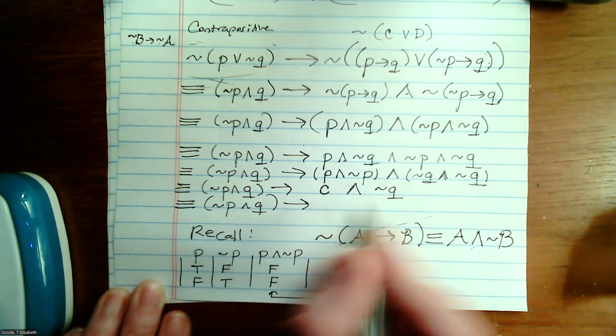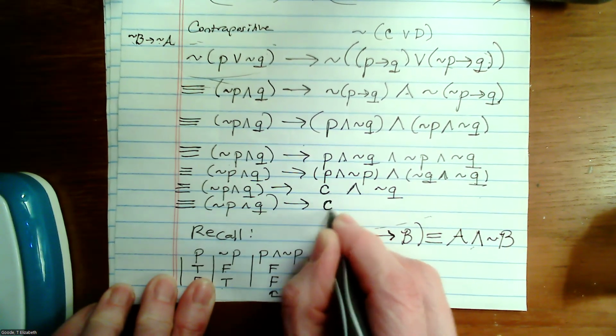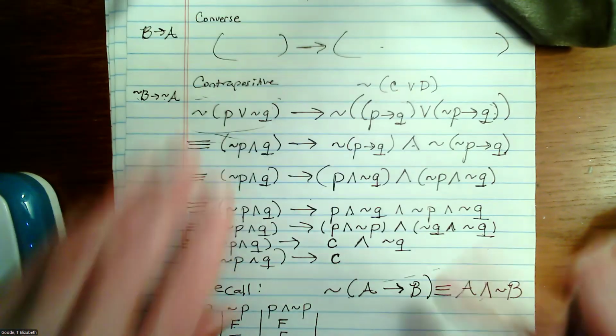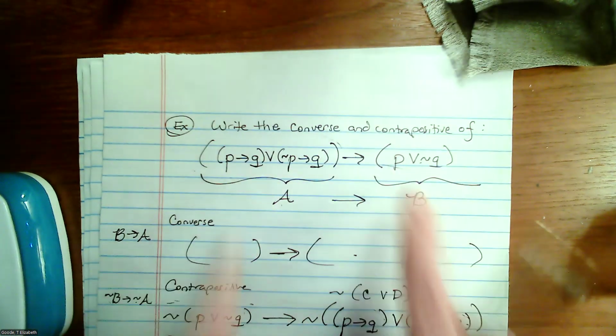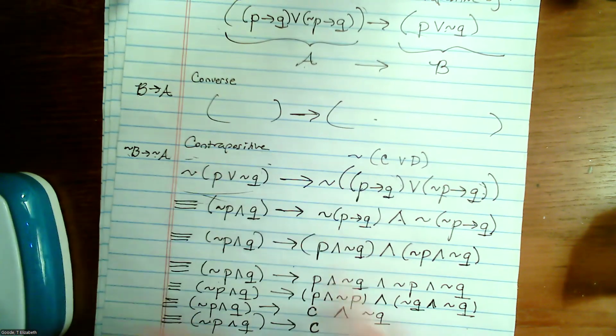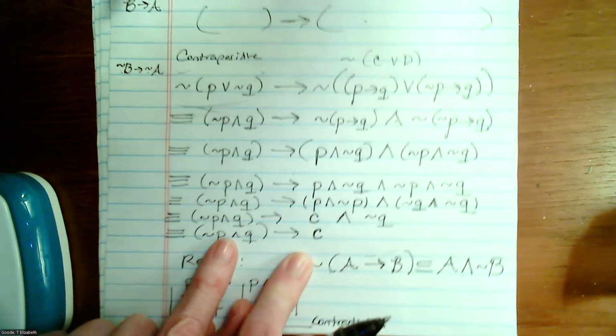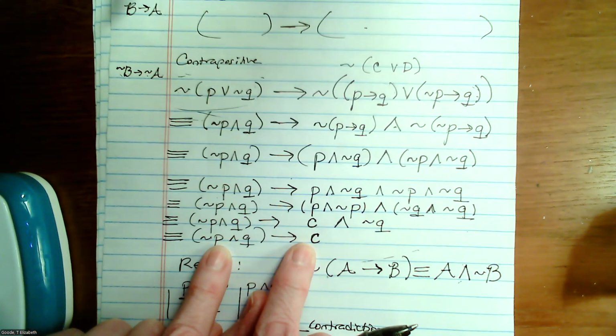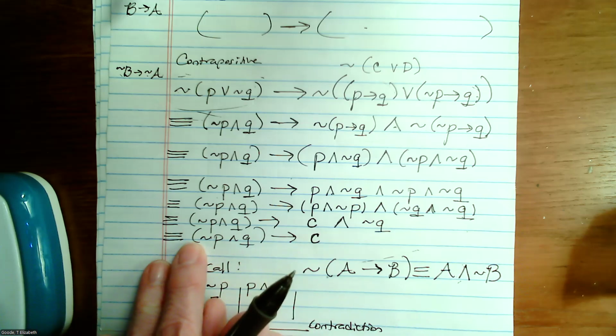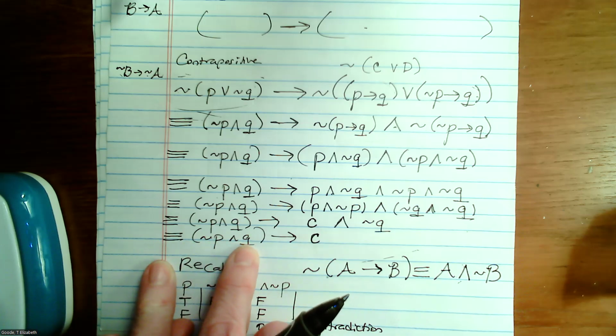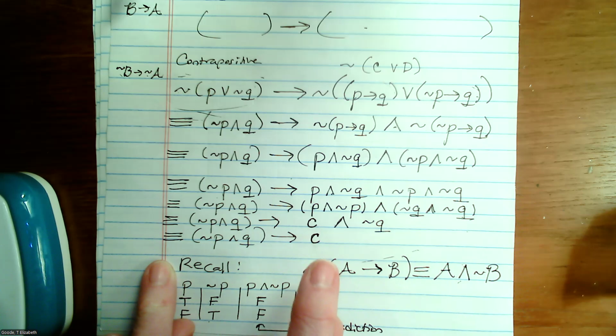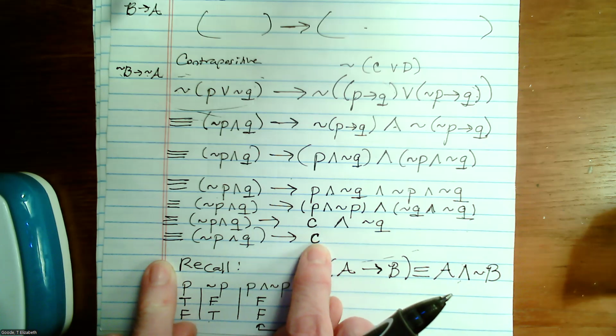Yeah, it's a contradiction. It will always be false. So this has a contrapositive that turns out to be this, that says if you have not P and Q, then you're going to get a contradiction.